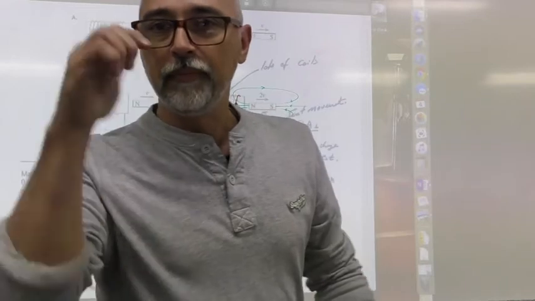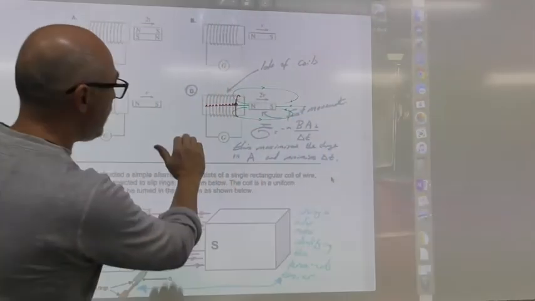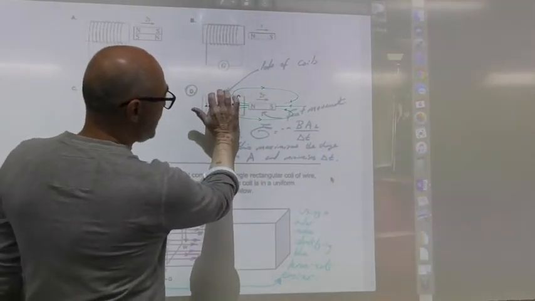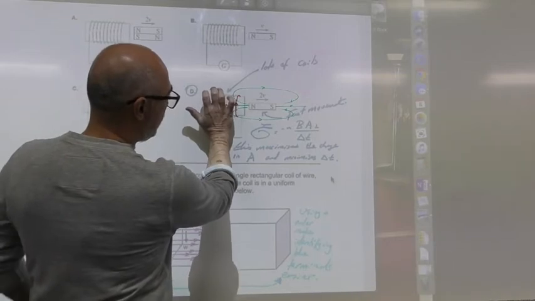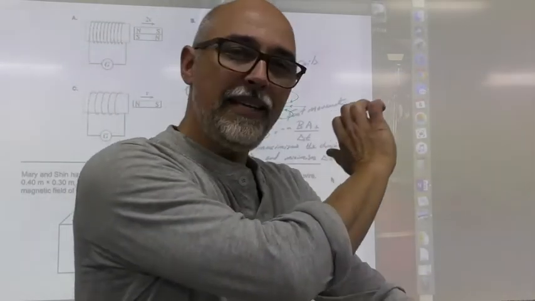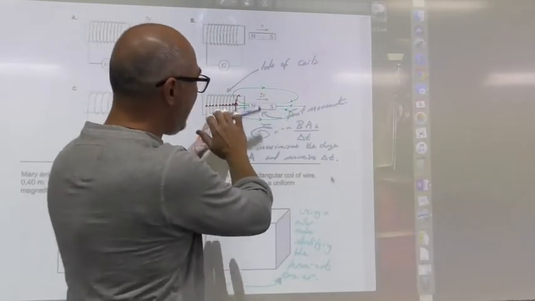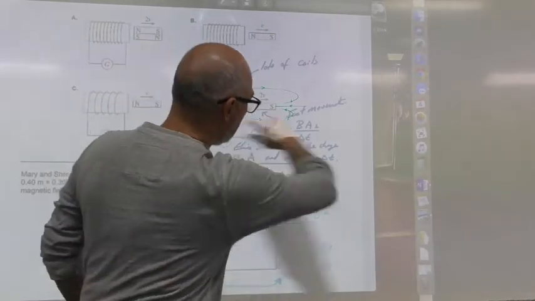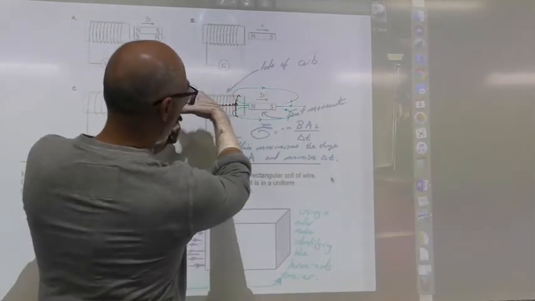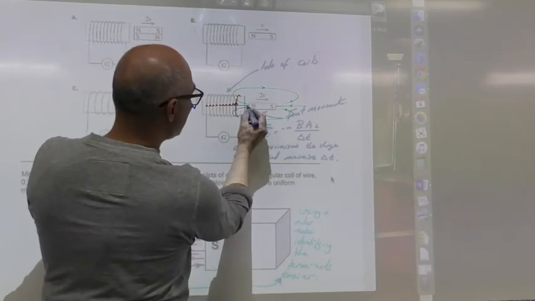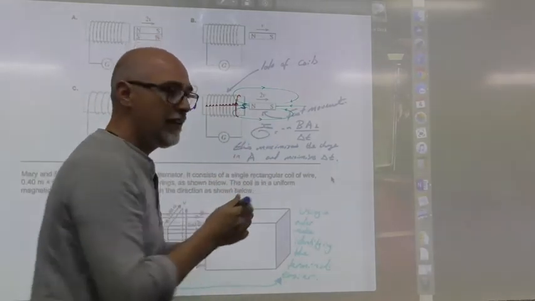Put your fingers in the direction the current is moving. That tells me that the solenoid, as this magnet leaves, forms a north pole on this end and a south pole on this end.